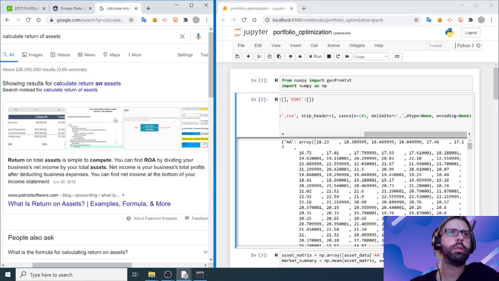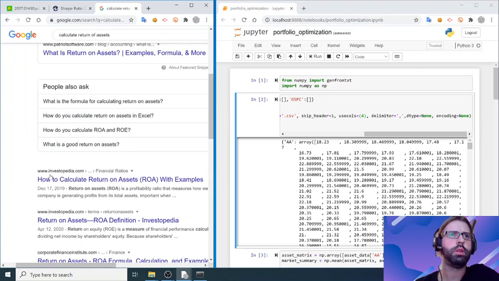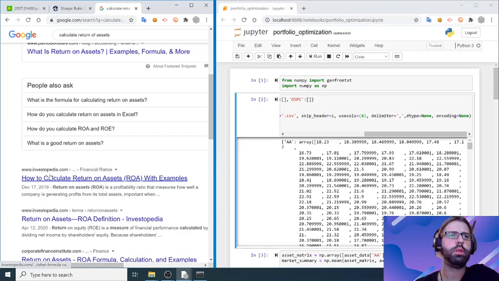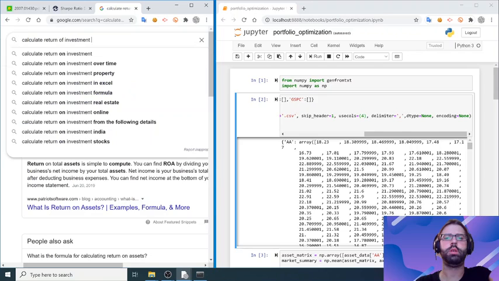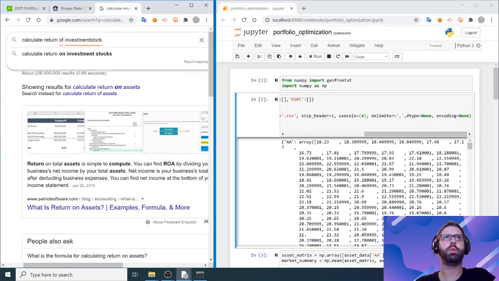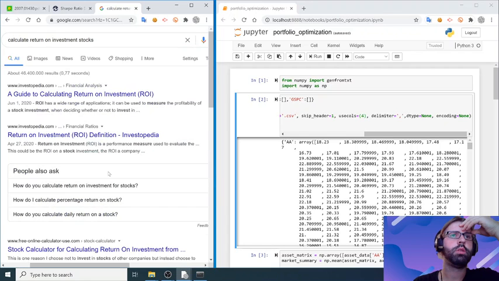How do you calculate return on investment for stocks?